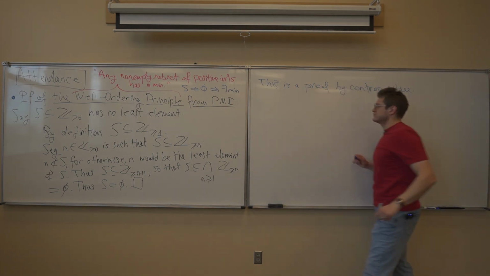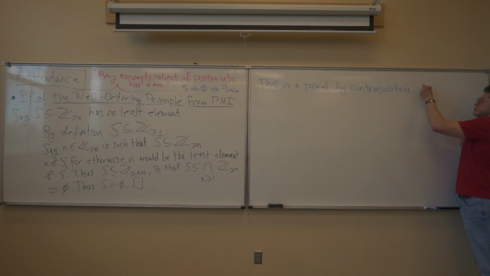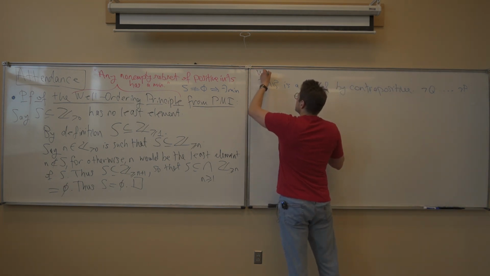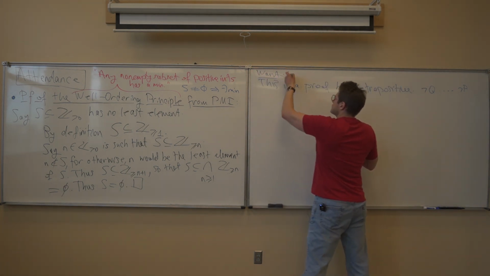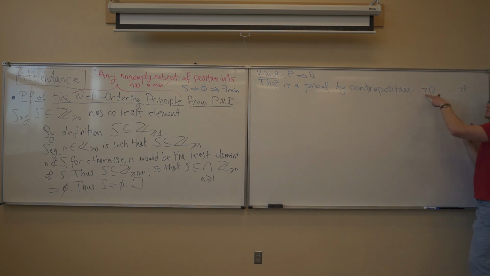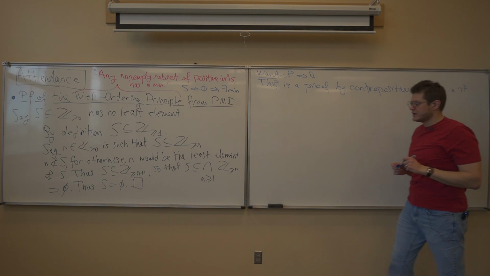I'm assuming not Q, and I want to get not P. So what I'm trying to show is something of the form P implies Q, and this is the general method. I assumed not Q, and I'm trying to get not P. Okay?